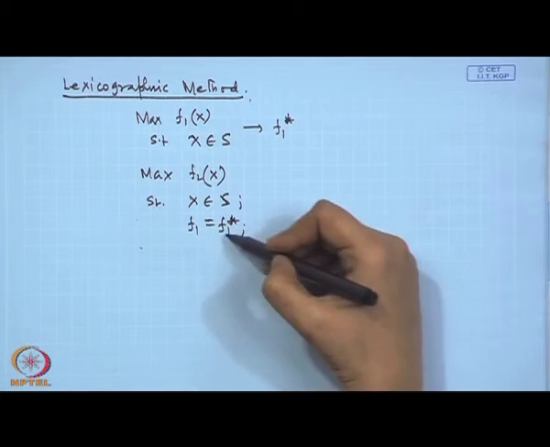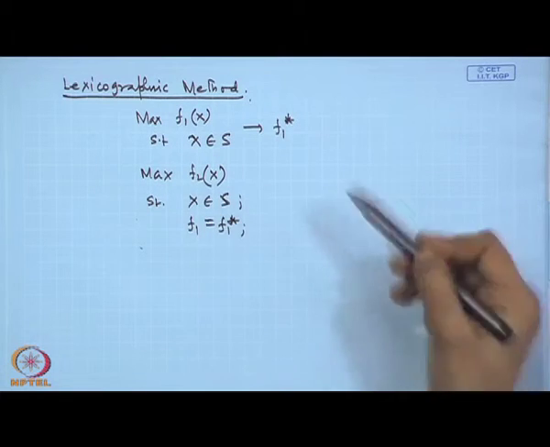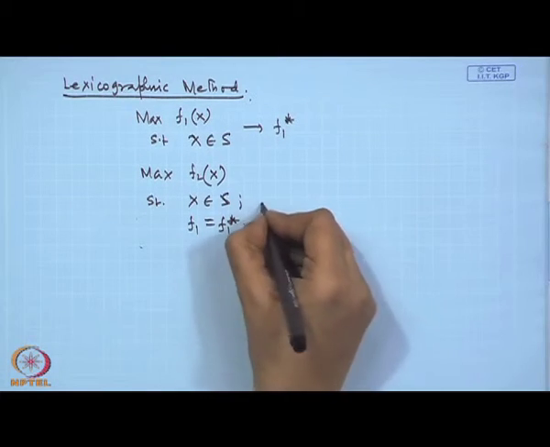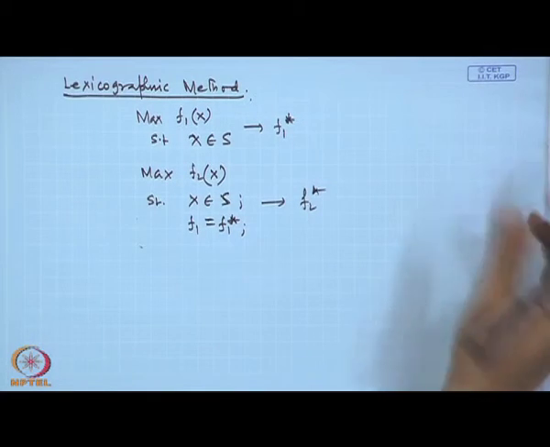He wants f1 to be f1 star, and only then maximizes f2. From here we get another optimal solution. The decision maker may be satisfied with that. If not, he goes to the lower ranked objective functions one by one, and in that way we solve a single objective problem each time.